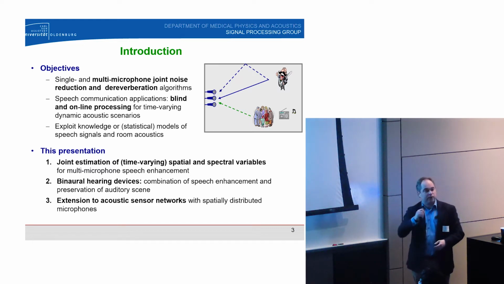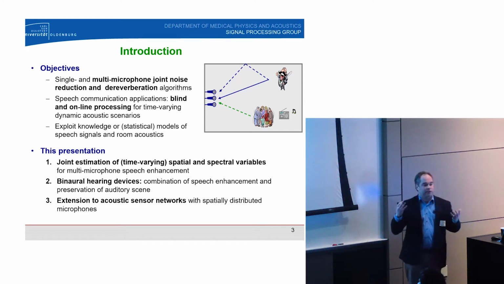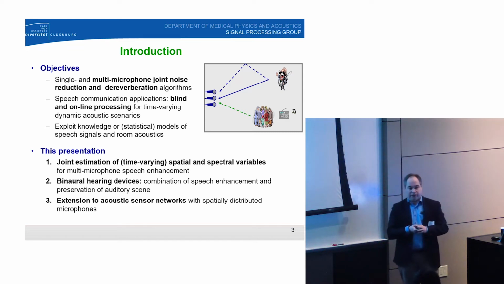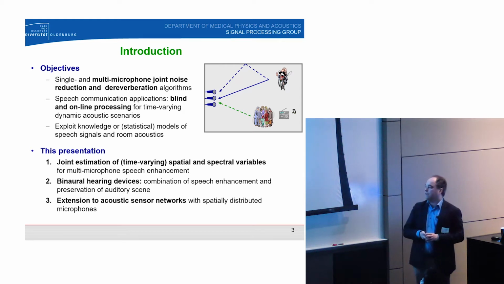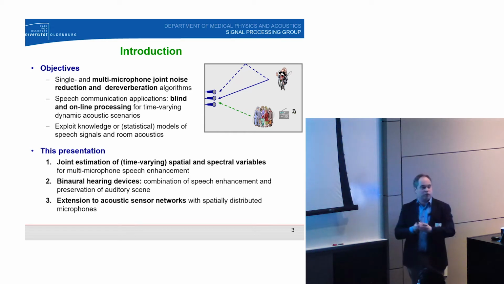There, the main goal is not only to reduce the noise, or enhance the speech, but also to preserve the auditory impression. So all the sources should actually come from the same direction as they originally did, assuming that we cannot cancel everything. And in the last part, which is a short part, I will discuss some extensions to so-called acoustic sensor networks, in the sense that I will discuss the usage of these binaural hearing devices with remote microphones, which are spatially distributed in the room.